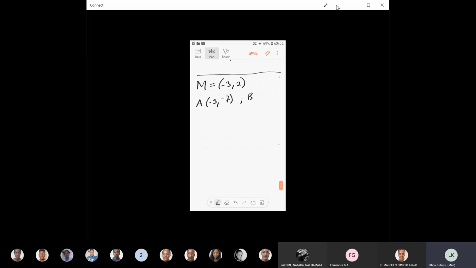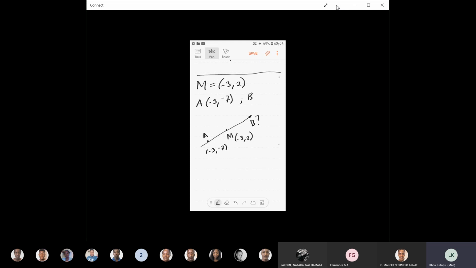So you know the midpoint. You have a line segment like that. You have (-3, -7) over there. This is your A. And then you know the midpoint M over here. This is (-3, 2).